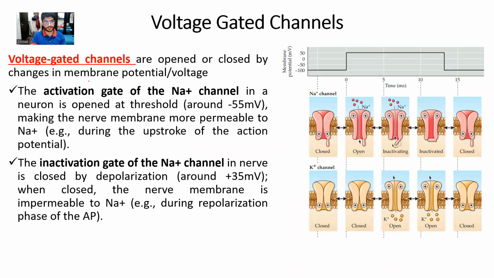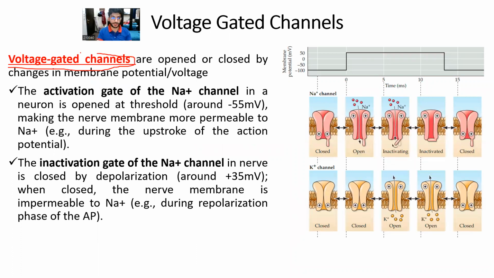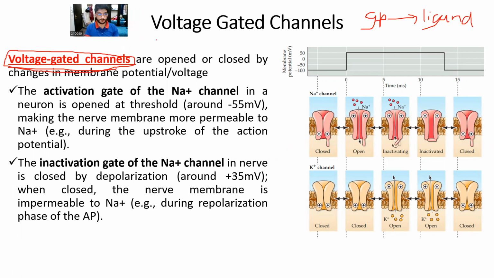Before we discuss action potentials, I've been talking about voltage-gated channels for quite a while. The voltage-gated channel is what generates the action potential. To review, a graded potential is a ligand-gated channel in a neuron. In the same neuron, a voltage-gated channel is what's responsible for generating the action potential.